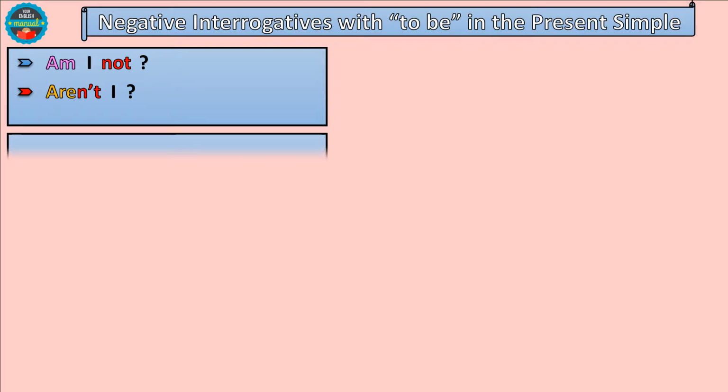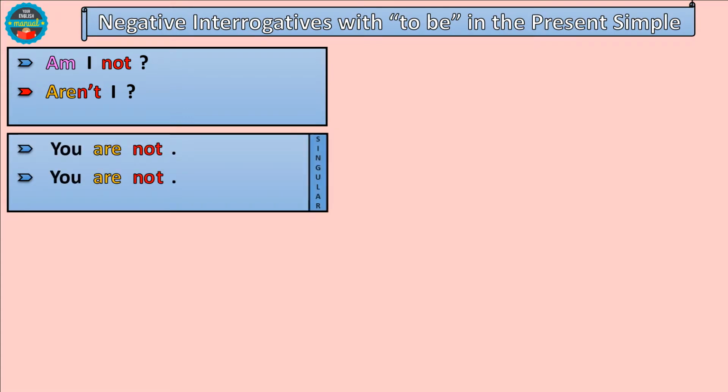Now, let's go to the other ones. You are not can become are you not if the verb to be goes alone to the beginning and leaves not there, or aren't you if both of them go together contracted.